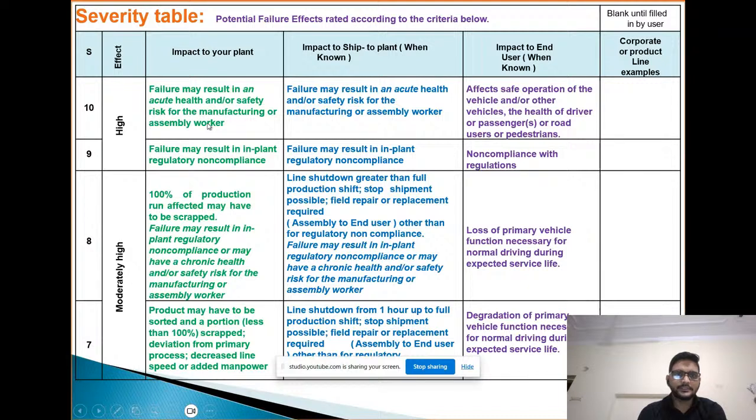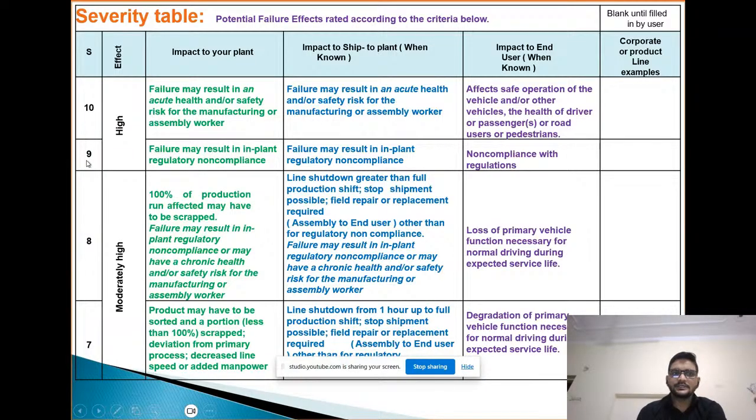In case of severity 10, failure may result in an acute health or safety risk for manufacturing or assembly, for both impact to your plant and ship-to plant. Next is impact to the individual, that is, it affects safe operation of the vehicle or other vehicles and the health of the driver or passenger or road users.